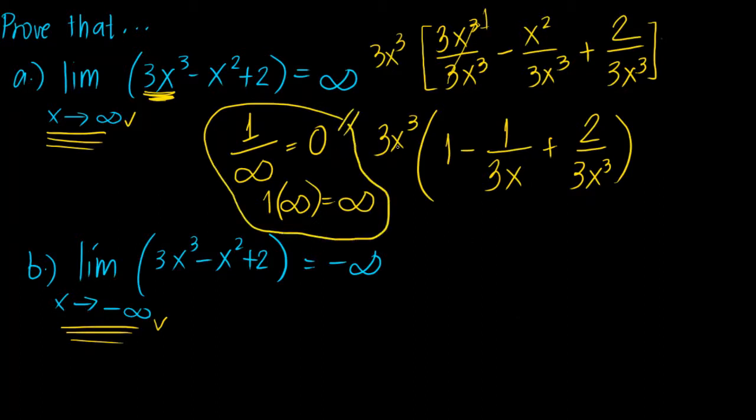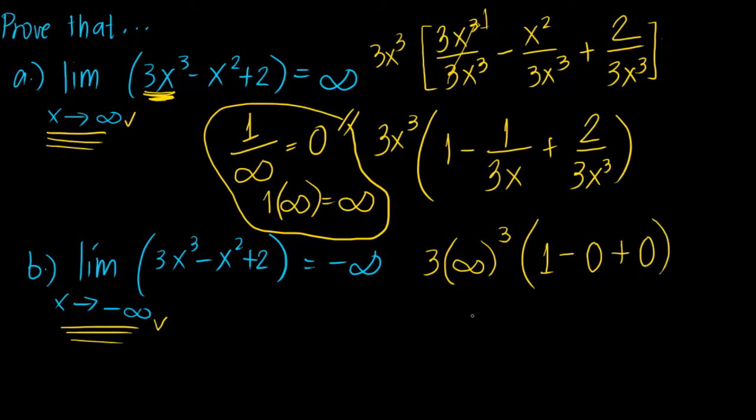Okay? Now, 3 times positive infinity cubed. We are substituting infinity now. And then this is 1 minus, hindi ko na ni-substitute ha, kabalo naman kita nga 3 times infinity is infinity, and 1 over infinity is 0. The same applies to this term.